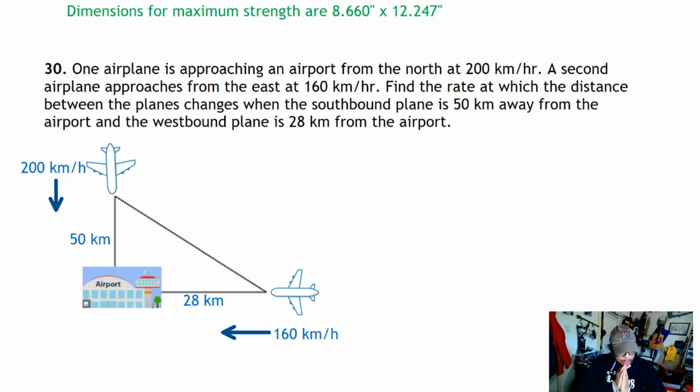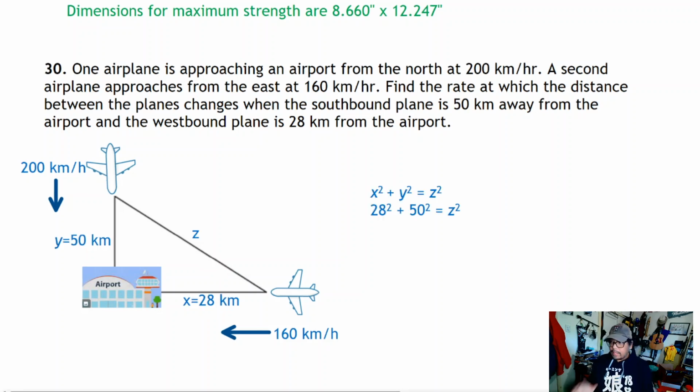So the distance between the planes is currently unknown. We could definitely figure this out since this is a right triangle. If we call the plane distances x and y, then we can call the distance between the two planes z, and then x squared plus y squared equals z squared, or z squared equals 28 squared plus 50 squared. Let's grab our calculator.